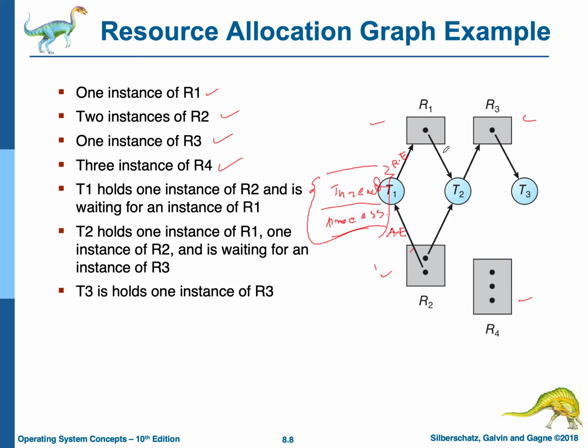Now as we can see, R2 has 2 instances, so there might be no deadlock. Well, there is actually no deadlock.